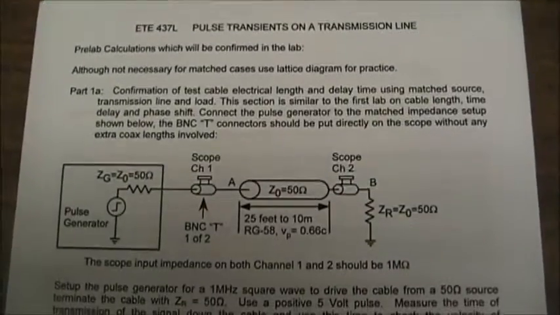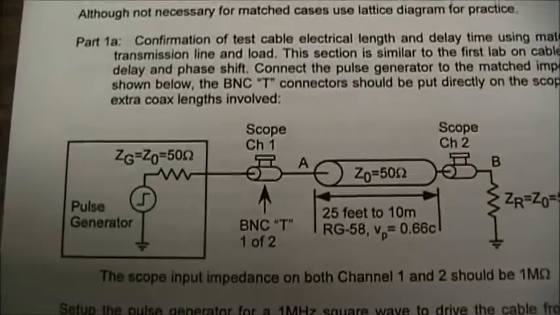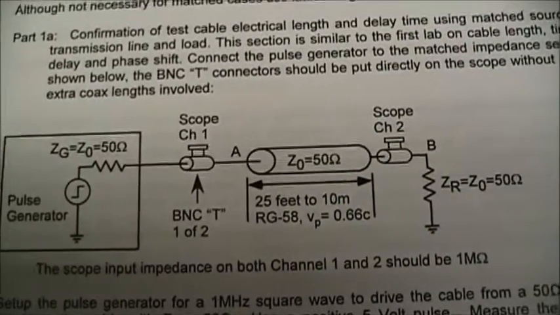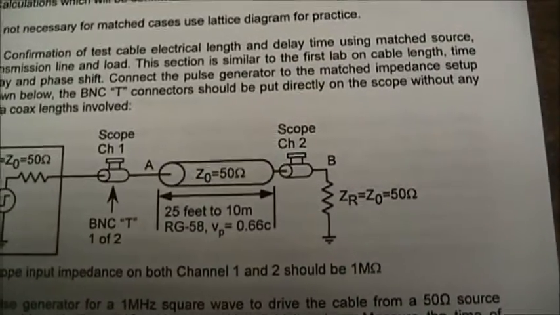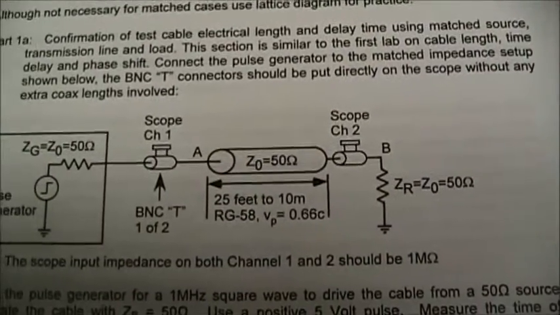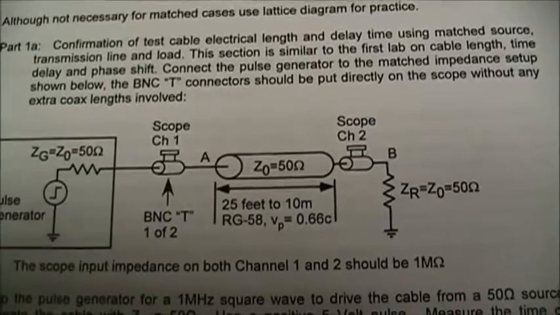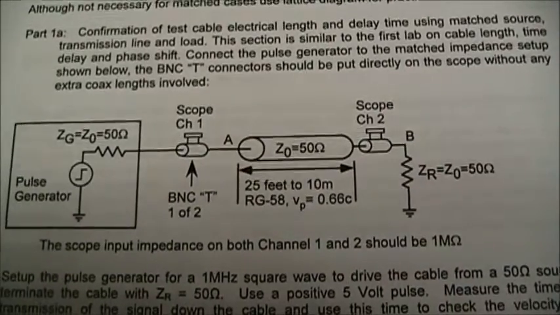Now for this initial setup, we're going to connect the pulse generator to the scope on channel 1, and then the scope channel 2, but between them is going to be the 50 ohm cable, the 25-foot cable.